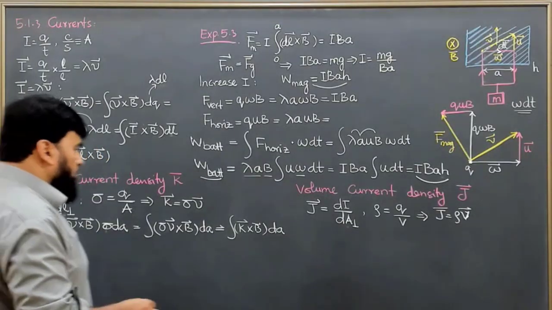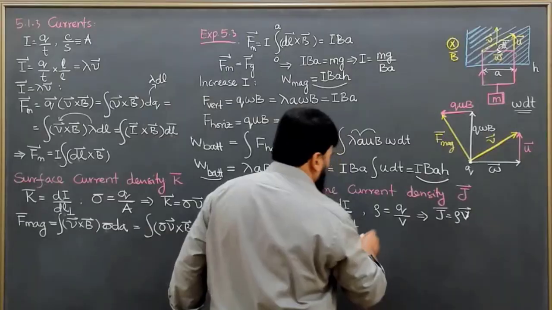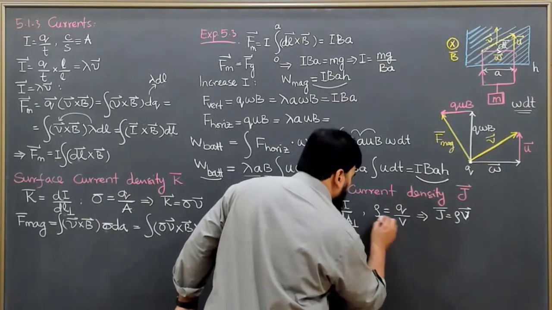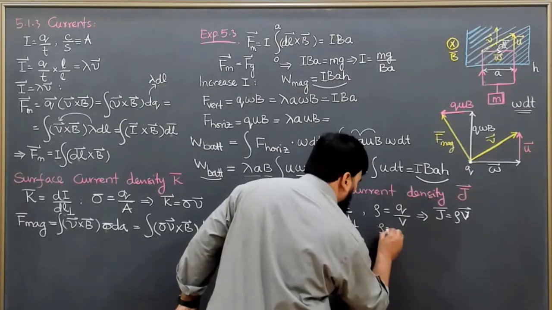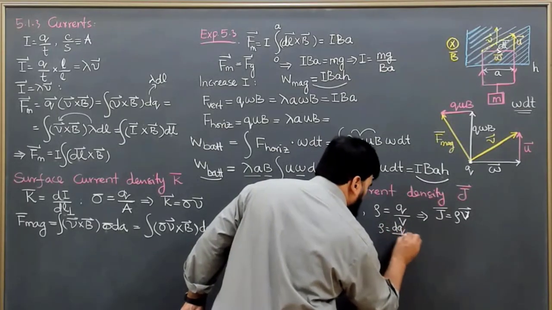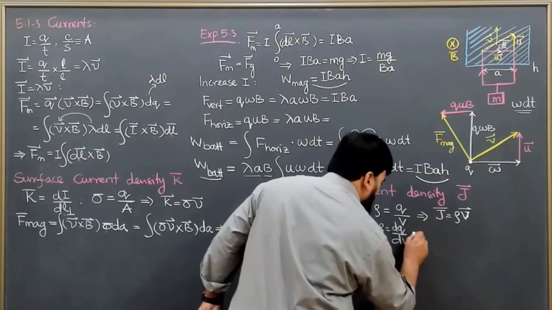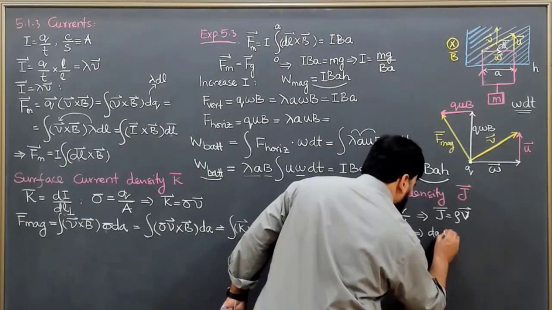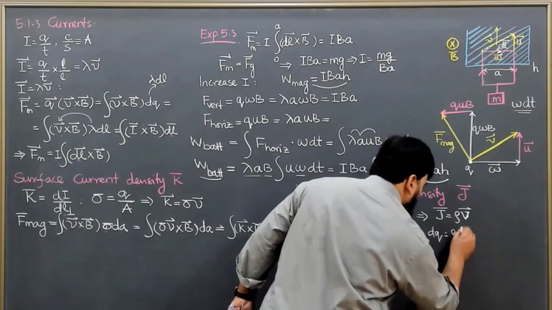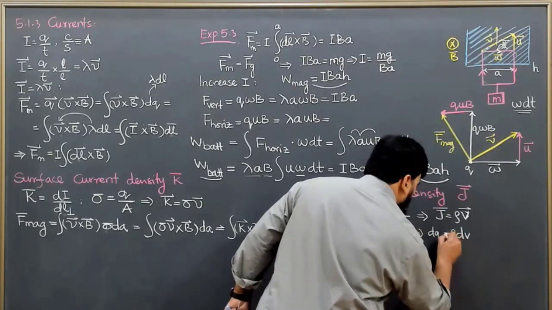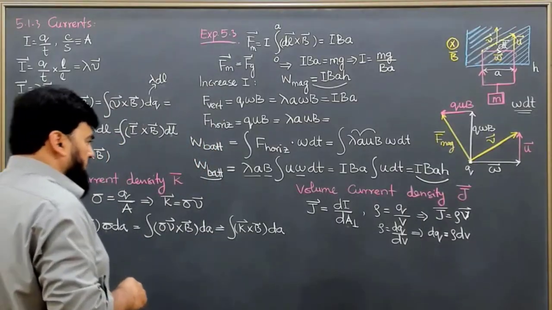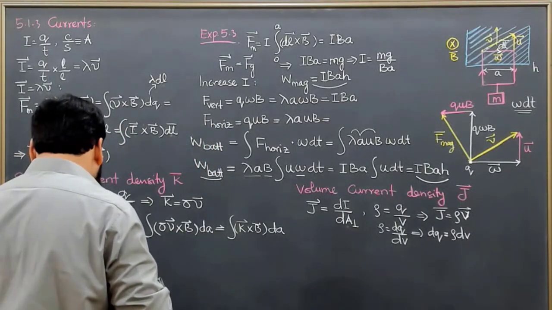And then from here, I can write rho is dQ over dV, and so dQ equals rho dV.